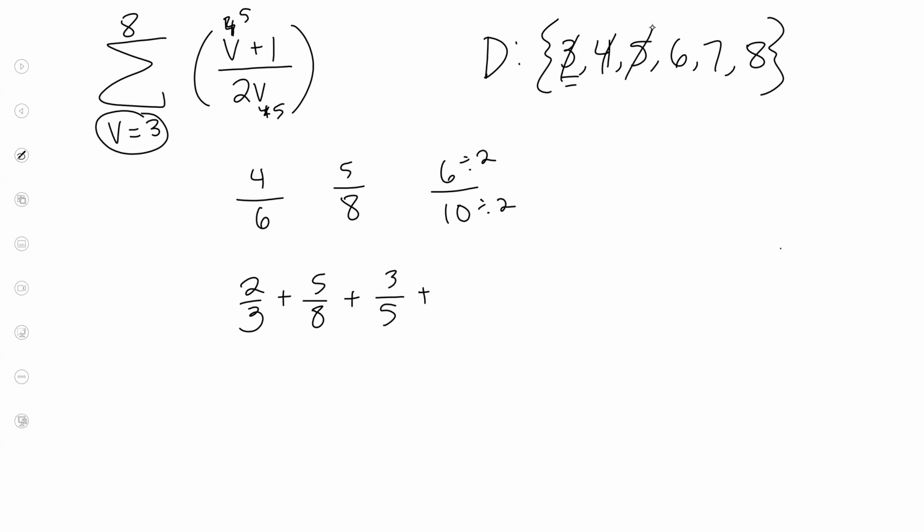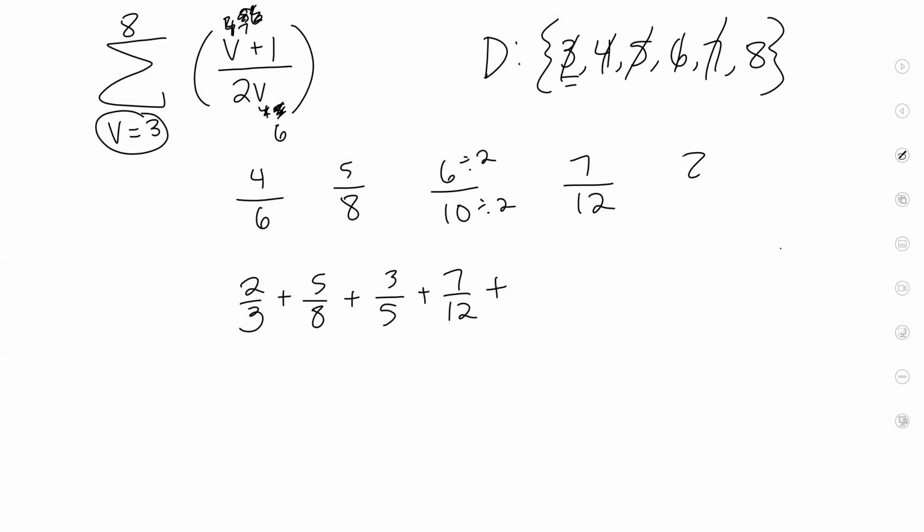Next one. Okay, we're going to plug in the 6th one. So plug in a 6. 6 plus 1 is 7. Plug in a 6. 2 times 6 is 12. So we get 7/12. Now let's plug in a 7. 7 plus 1, we get 8 in the numerator.